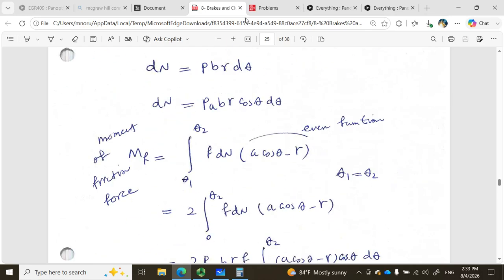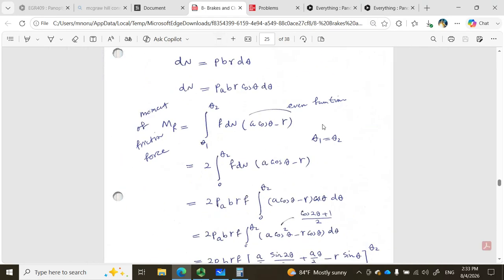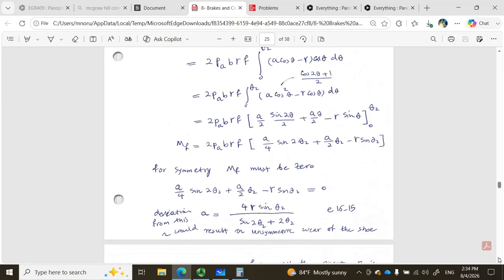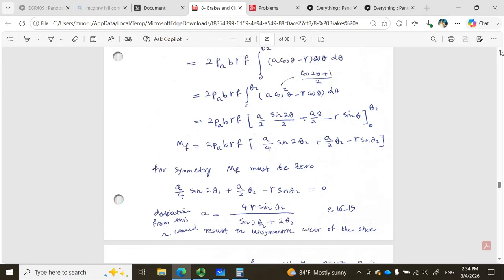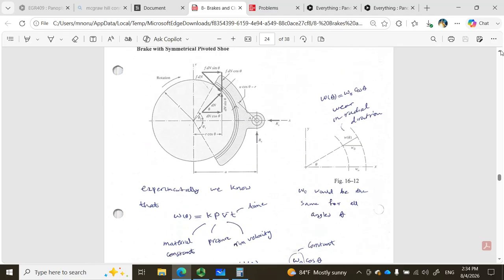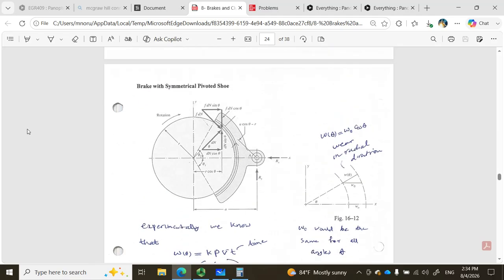We showed you the mathematical model here. So what we found was this: the moment caused by the friction force on the lever will be this equation, Mf. You see this equation here. In order to have this moment be 0, so why do we want the friction moment be 0 on this lever? The reason is we want this lever to be moment free.